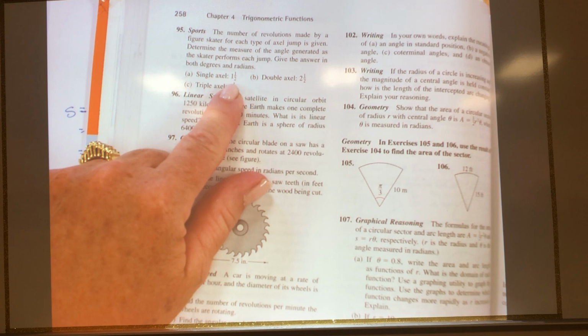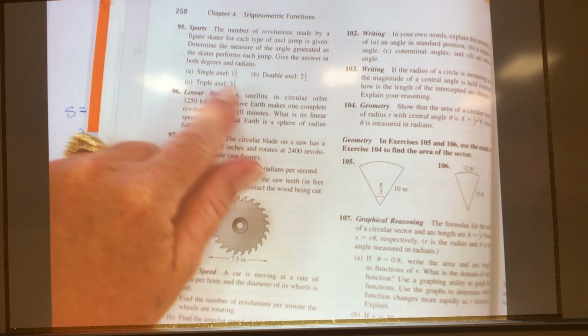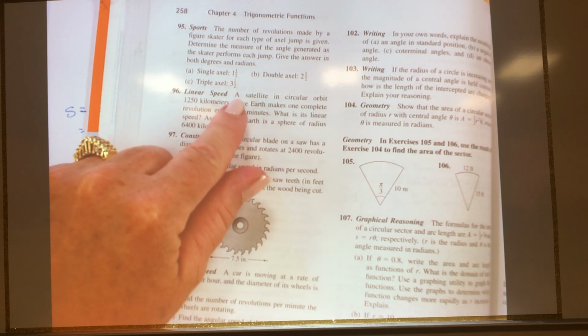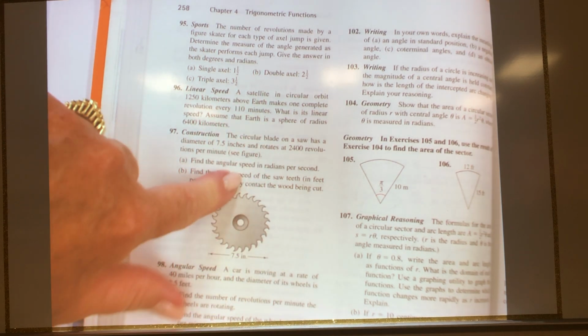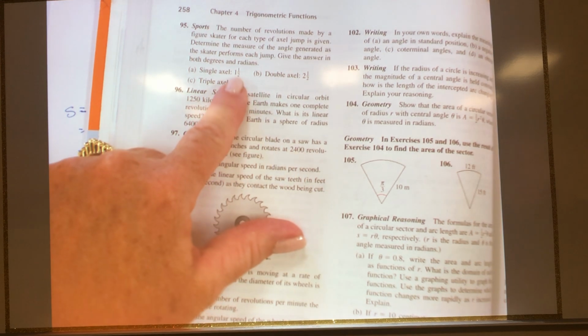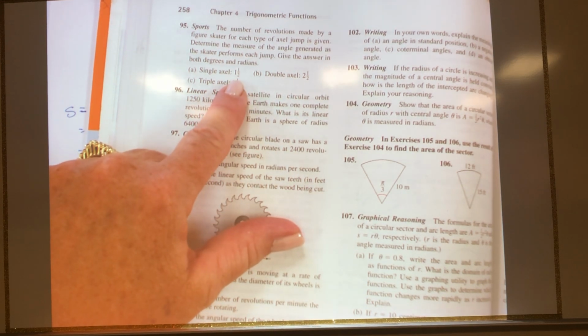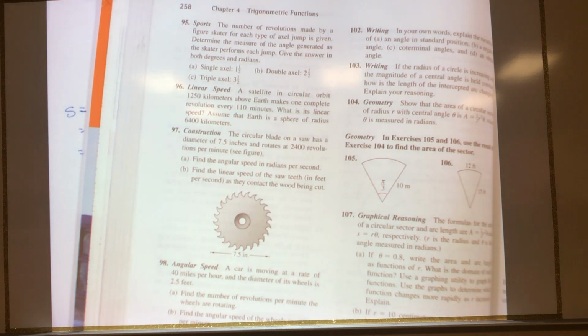So, for a single axle, the skater rotates 540 degrees. Does that make sense to you? Okay, he goes 360, and then he goes all the way back around, facing the other direction. He does a 180. Okay, in radians, you're going to multiply 1.5 times what? 2 pi, and that's all they asked for.